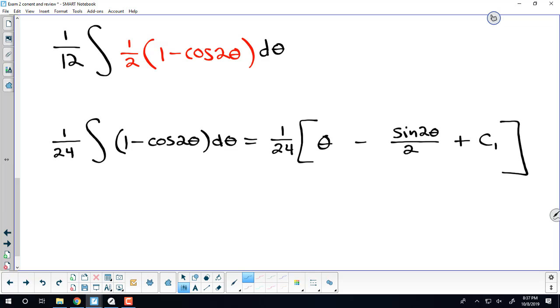And so we've got to now turn our thetas into expressions involving x. So hopefully you remember what we did with sine of 2 theta. We wrote that as 2 sine theta times cosine theta, just so we have a means to convert from theta to x, not 2 theta to x.